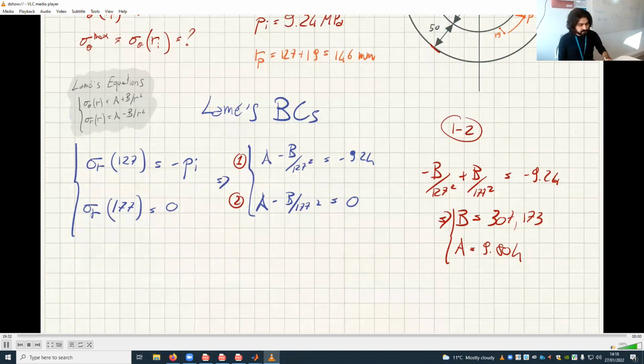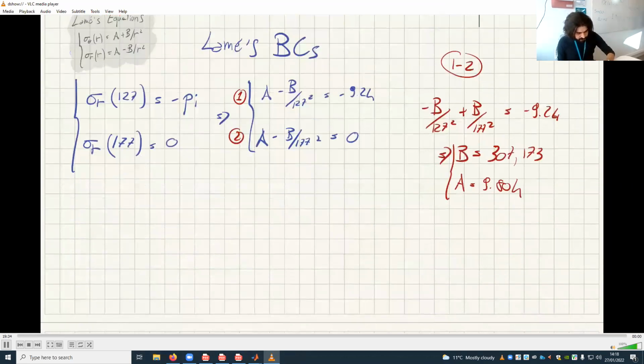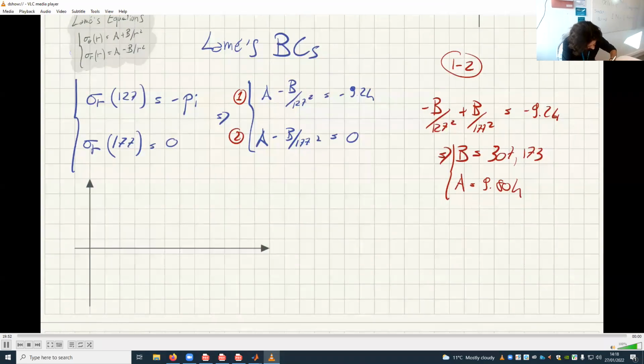the distributions. Now we use Lamé equations one more time. Also, let me draw the actual distribution. So let's say I have sigma r and sigma theta. Remember, these are megapascal and these are millimeters, the radius.